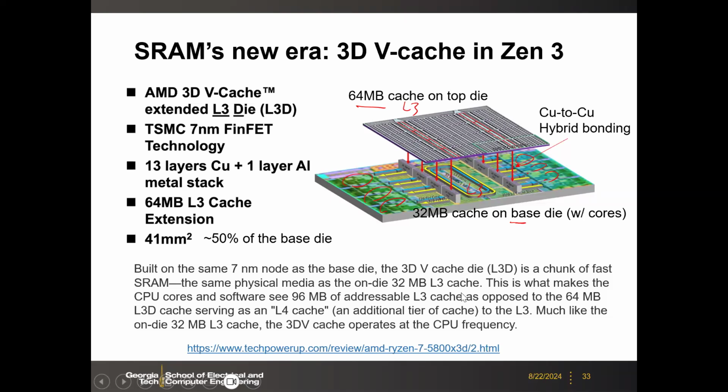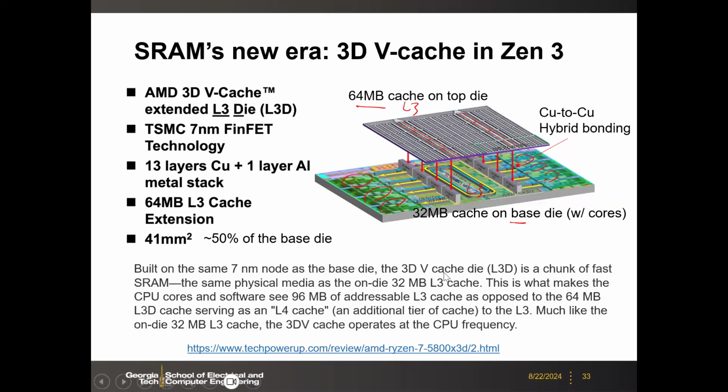They will see the entire space, which is 96 megabytes, as opposed to the 64 being viewed as L4 cache, like an additional layer of cache. Both the top die and bottom die operate at the same CPU frequency.